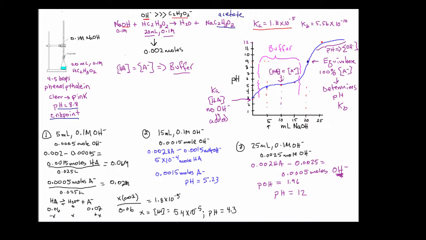Both classes of titrations will have a buffer zone within the pH curve where small additions of H plus and OH minus result in little, if any, change of pH. And you can see that for yourself as the blue line cuts across here. There's very little change in pH value for addition of NaOH.